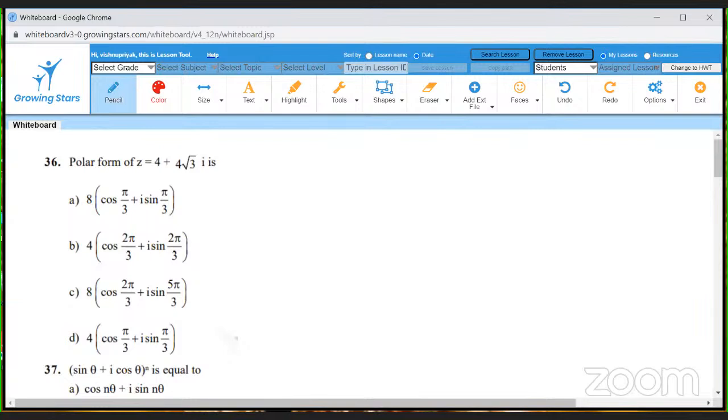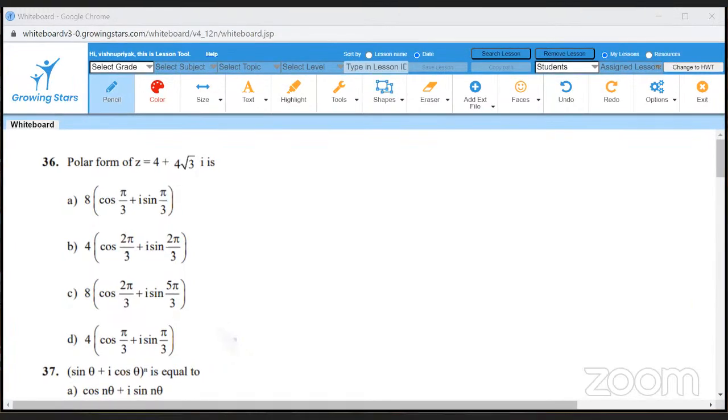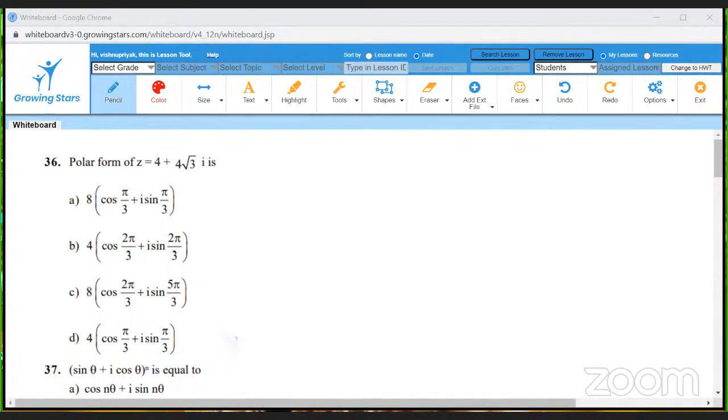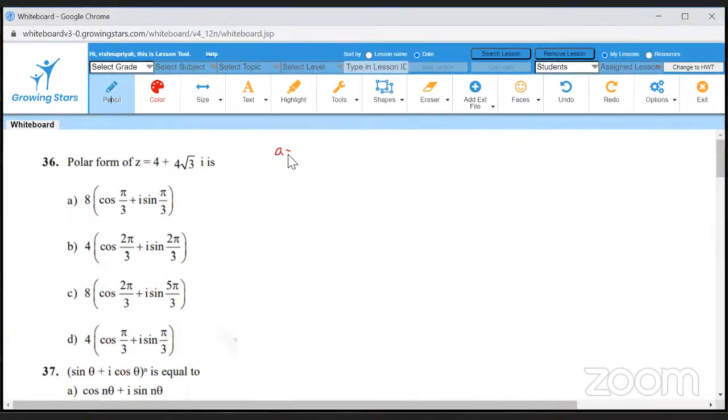Polar form means you must know what is r, what is theta. So to find r and theta, modulus and amplitude, what you should do? a is 4, b is 4 root 3.